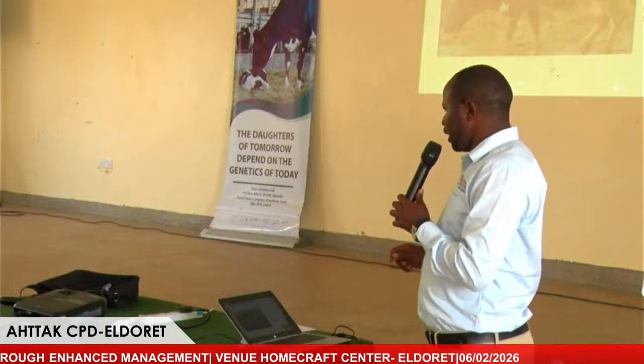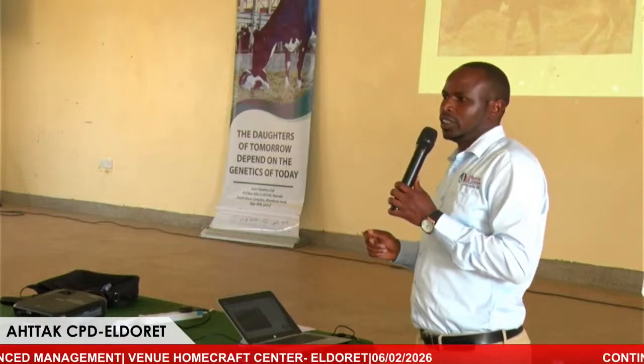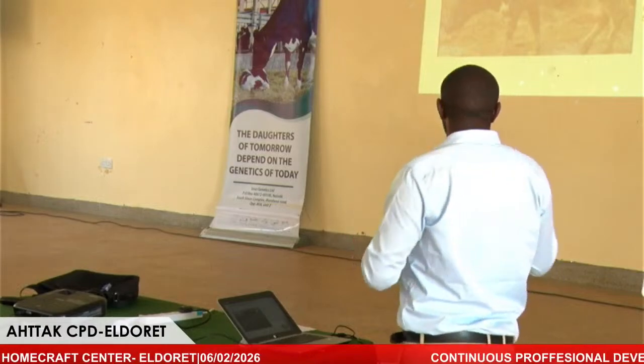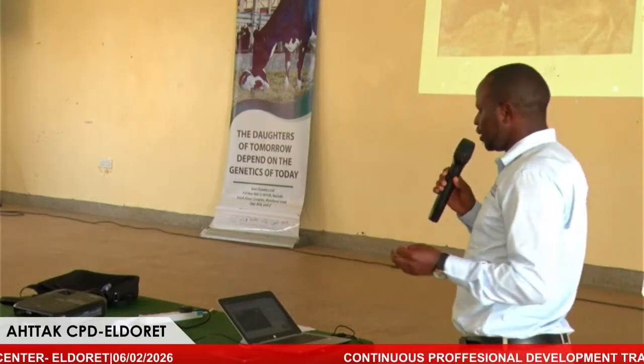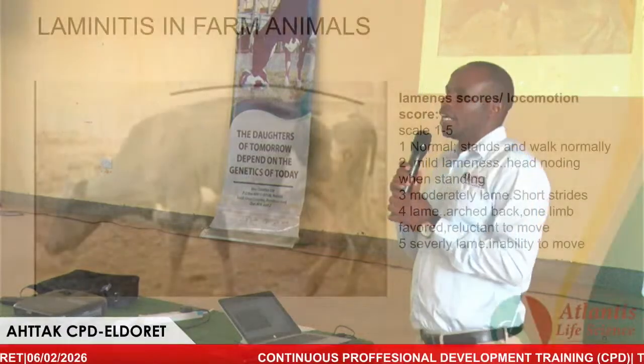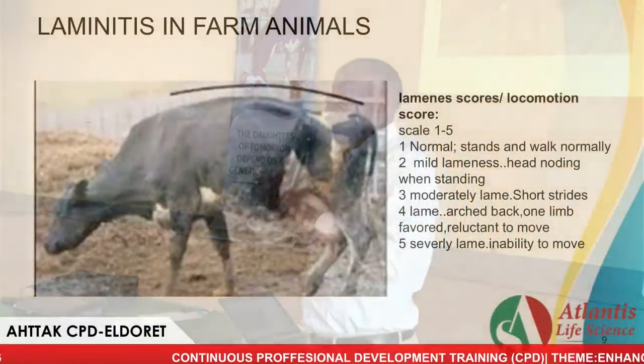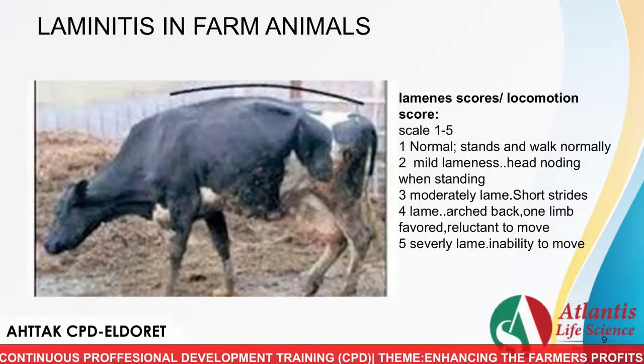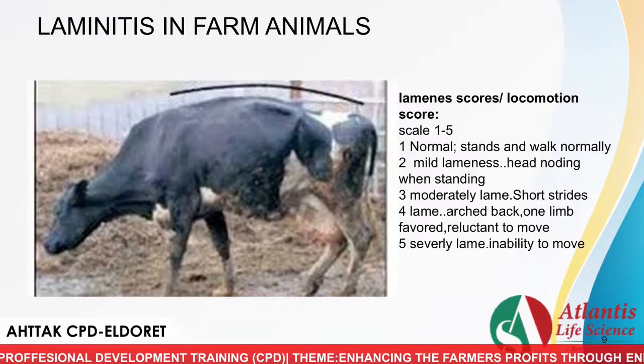Then scale number 5 is chronic lameness, where the animal shows a lot of severity. Leave alone reluctant to move, it refuses altogether, because the animal has a lot of pain and therefore cannot move.